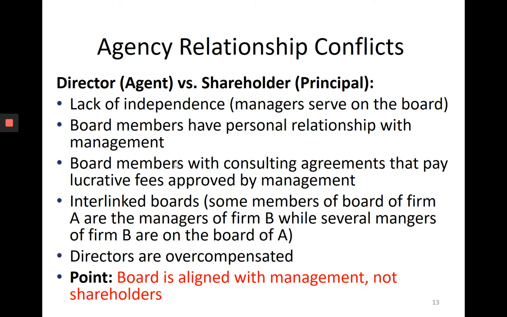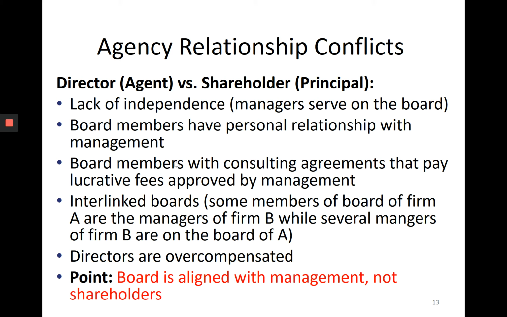Essentially, this says that directors are dependent on managers and they serve with the best interest of managers in mind, and this could not be necessarily the best interest of the shareholders or owners. After all, the board members are supposed to legally represent the shareholders. When they don't, and they are not independent of managers, there would be an agency problem.